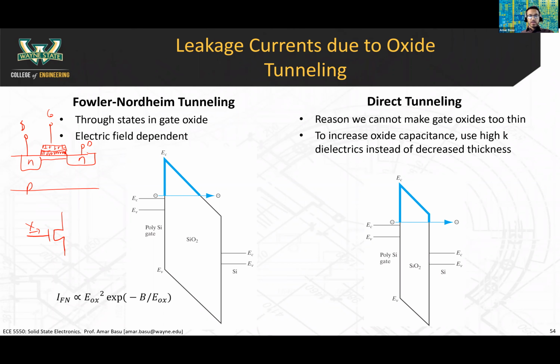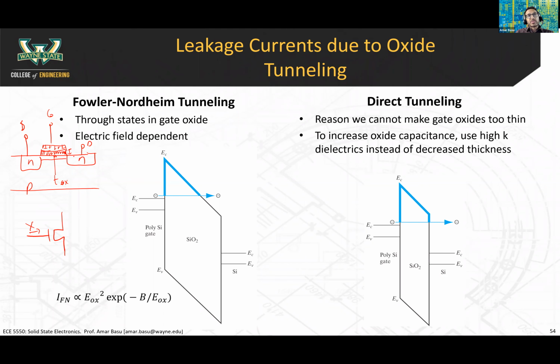But when the device becomes very thin, remember this gate oxide has a thickness, T-ox. That's the thickness of the gate oxide. Okay, that's this dimension here. It's the physical thickness of the gate oxide.